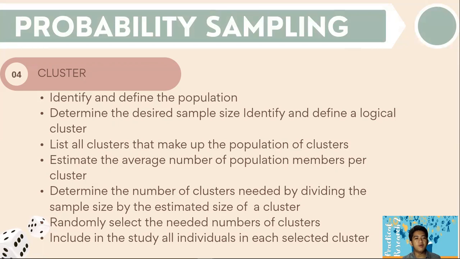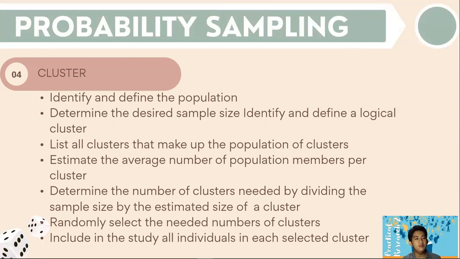Then you determine the number of clusters needed by dividing the sample size by the estimated size of a cluster. Then randomly select the needed number of clusters and include in the study all individuals in each selected cluster. So as I mentioned, you are not going to choose one, but you're going to include all who are part of the cluster.